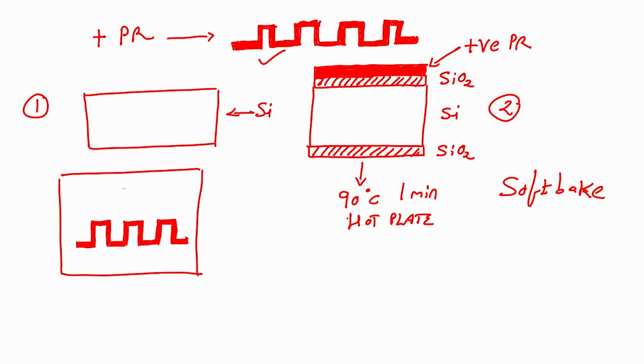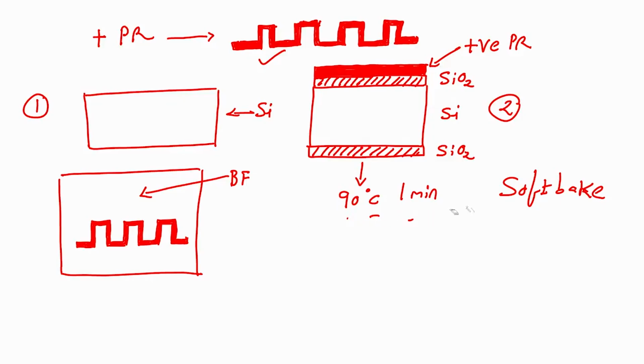See, the field is bright, all the area here is bright. So, it is a bright field mask, right. Now, once you have this mask, what is the next step? Next step is we will load this mask.